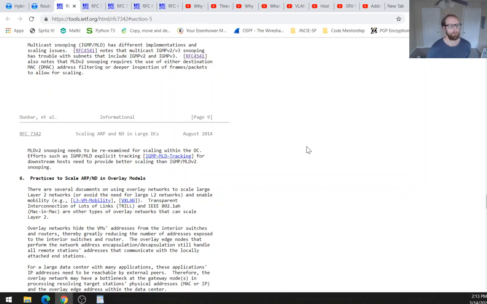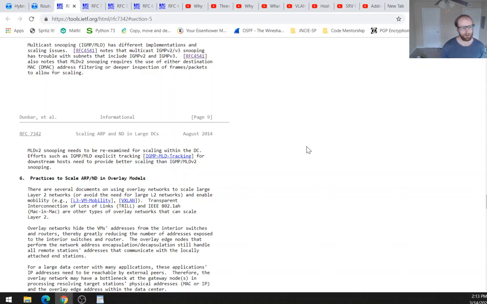RFC 4541 notes that multicast IGMP v2/v3 snooping has trouble with subnets that include IGMP v2 and IGMP v3. RFC 4541 also notes that MLD v2 snooping requires the use of either destination MAC (DMAC) address filtering, or deeper inspection of frames/packets to allow for scaling.